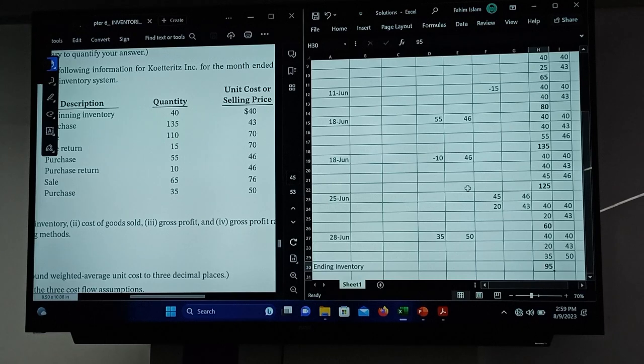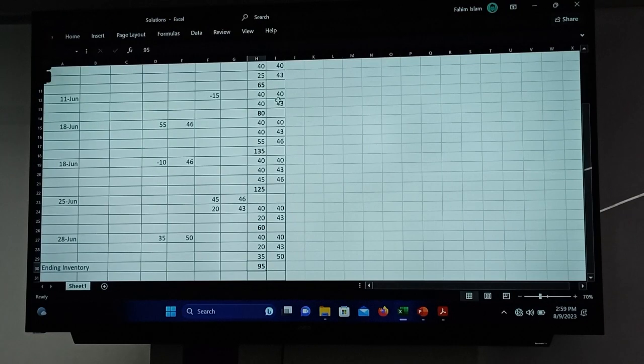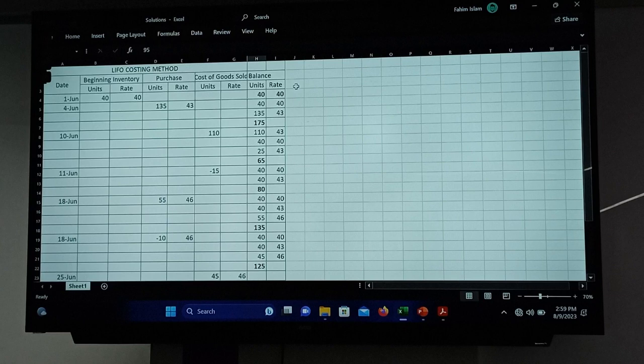We didn't determine the cost of goods sold or the gross profit. Let's see if we can calculate the gross profit. Let's multiply the units with the rate.